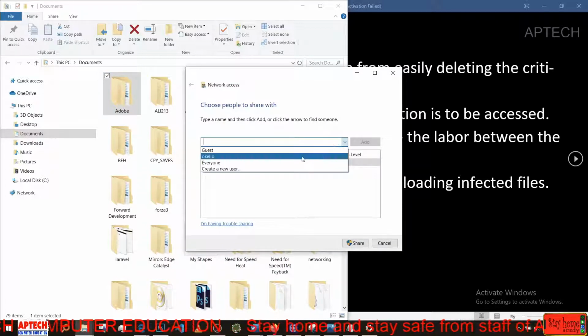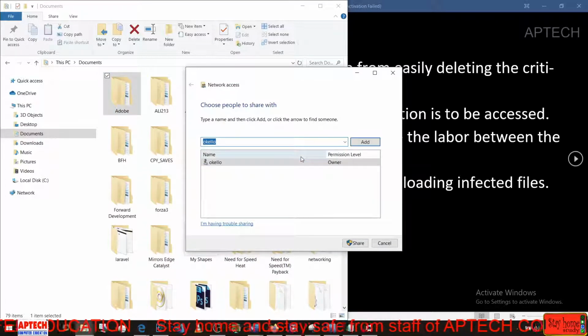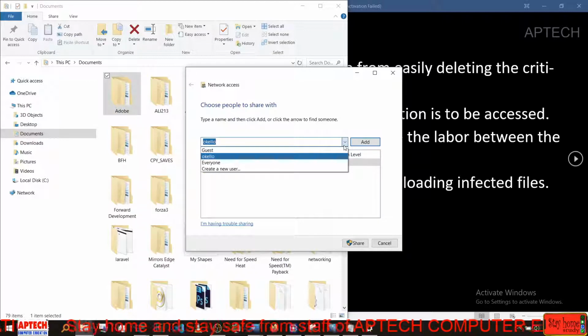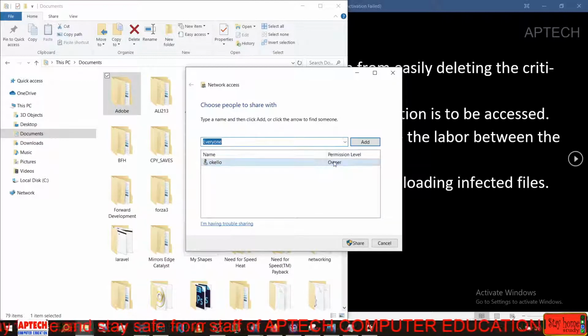I can choose the people I want it to be specified to, and I can choose whether I want them to read, write, or I should remove them. Read is just reading the document, but not manipulating it in any way. Read and write, you can read it, you can make changes and all that. So that's one way of protecting your data.